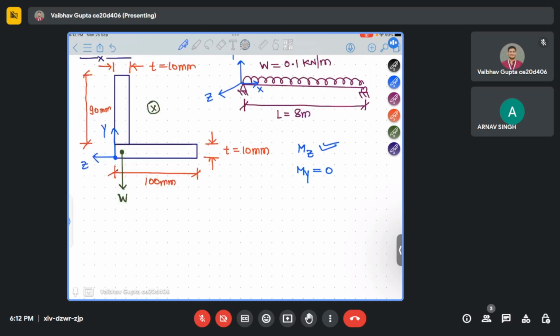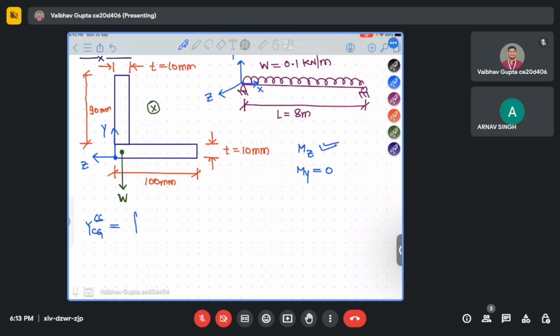For this section, the first thing is the CG. Find out the centroid of the section and the moment of inertia. First of all, the centroid of the cross section. We'll go with the y-axis. So Y CG of the cross section. What is the formula?